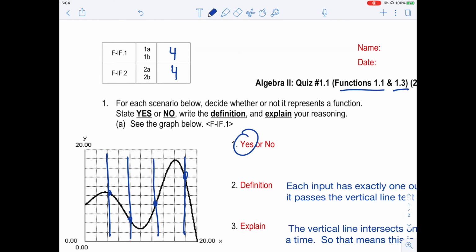That's why it says 44. If you got a 44, that means you got 4 on each standard. If you got a 34, you got 3 on the first standard, 4 on the second standard, and so forth. If you got a 24, you got 2 on the first standard, 4 on the second standard. So that's how you read your score and what you got.